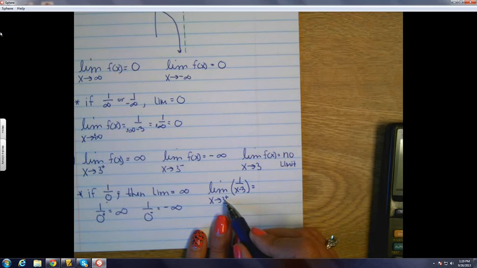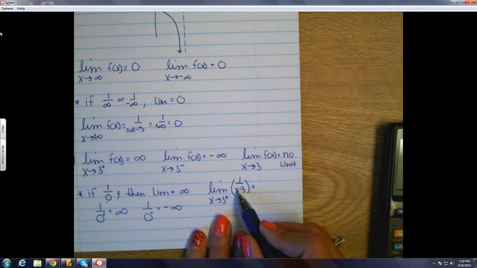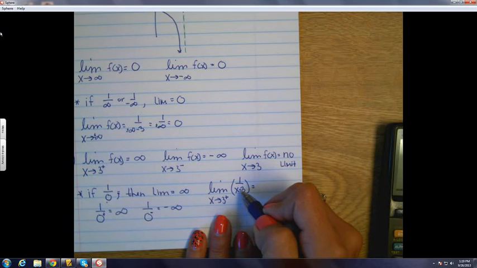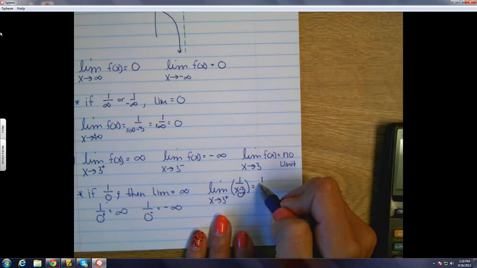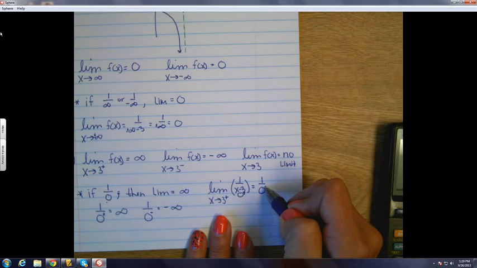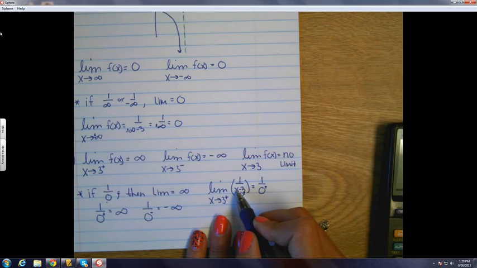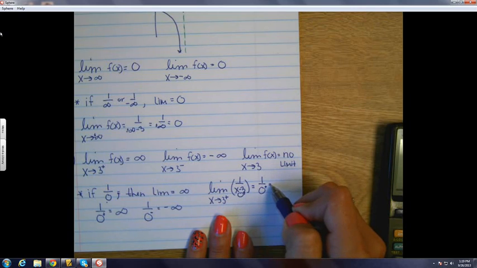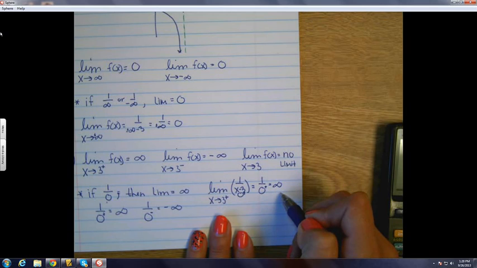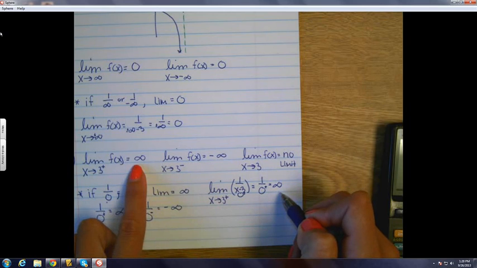I'm talking 3.00001, 3.0000001. So when I put in numbers just slightly bigger than 3, these are going to get close to 0, but still on the positive side. So this x value, all of them are slightly bigger than the 3. So that tells me infinity. Just what I had back here.